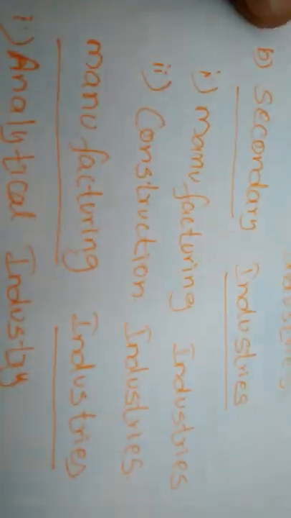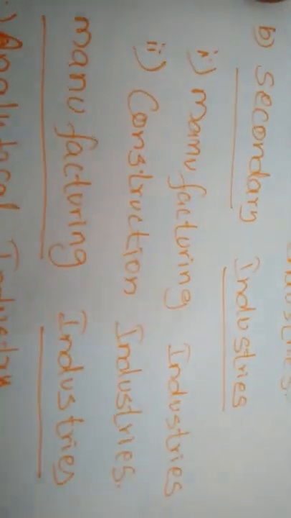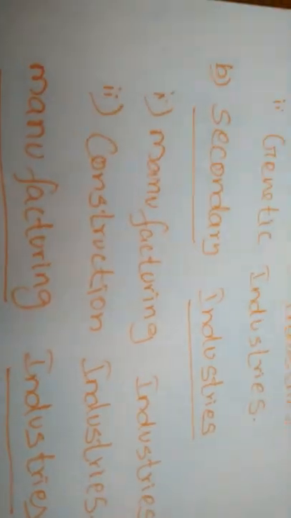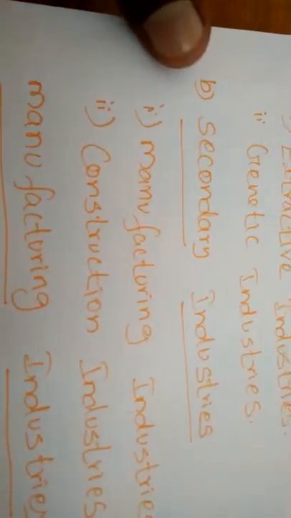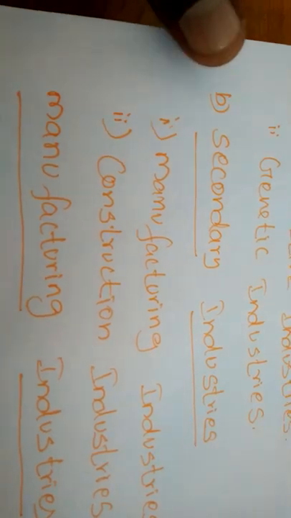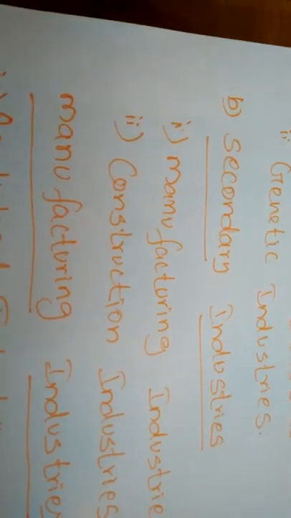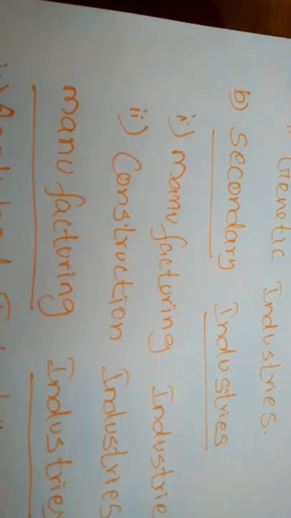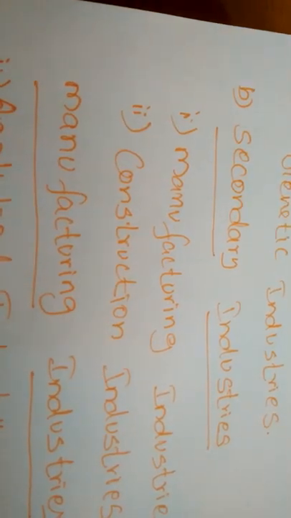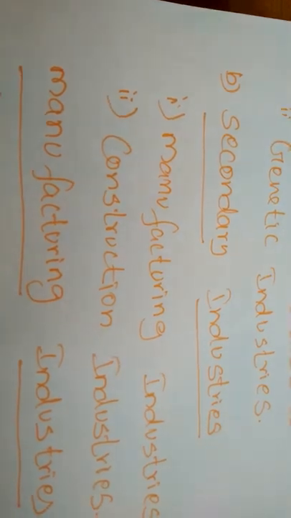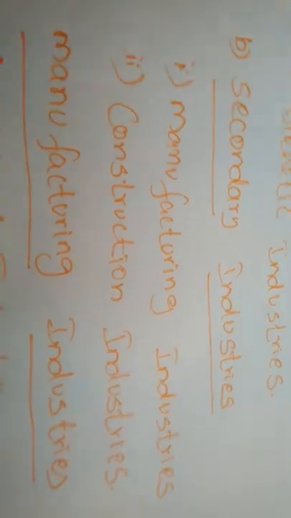Next, secondary industries. Secondary industries are connected with using the materials which have already been extracted at the primary stage. These industries process such materials to produce goods for final consumption or further processing by other industrial units.